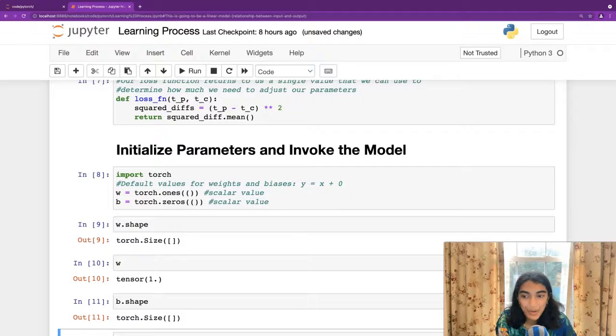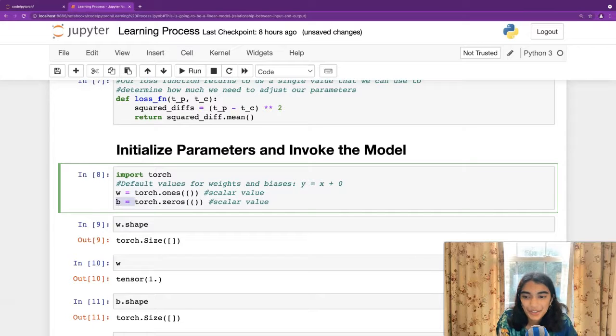Our weight was 1. Our bias was 0. And our equation was y equals x. So what did you expect? Our output is the same thing as our input, and we definitely know that is not true because the temperature that we were reading originally on our thermometer is not in Celsius.